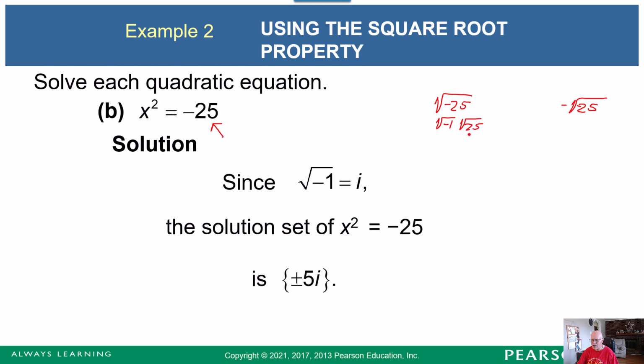This is just a 5 here, and this is i, so this solution is 5i. Now the nice thing about this is, if you worked out the hard part of this one, splitting this up, this one's going to be the same thing basically, except minus 5i.